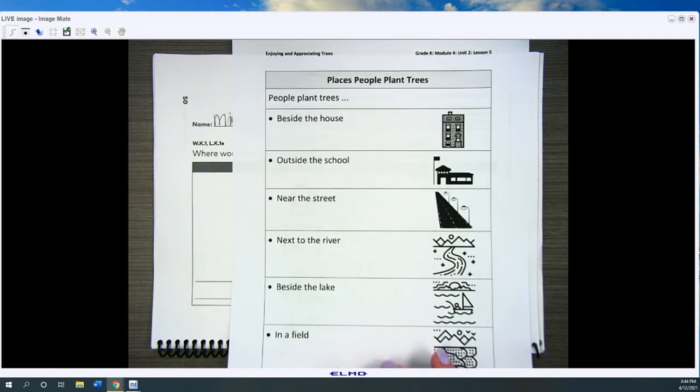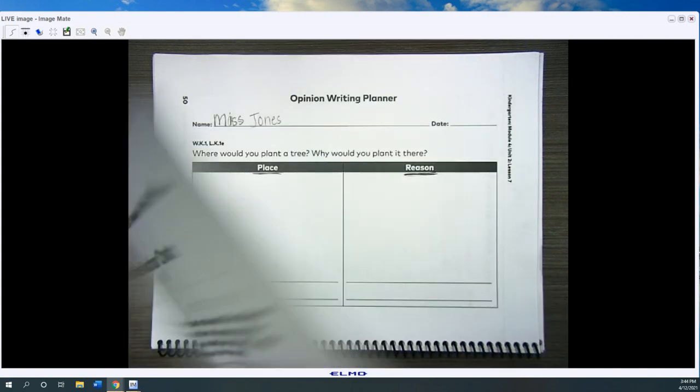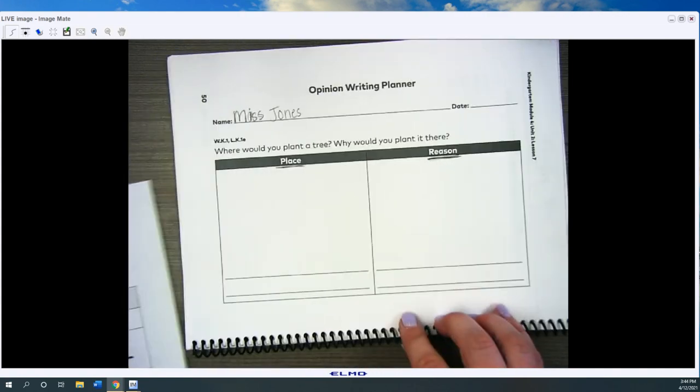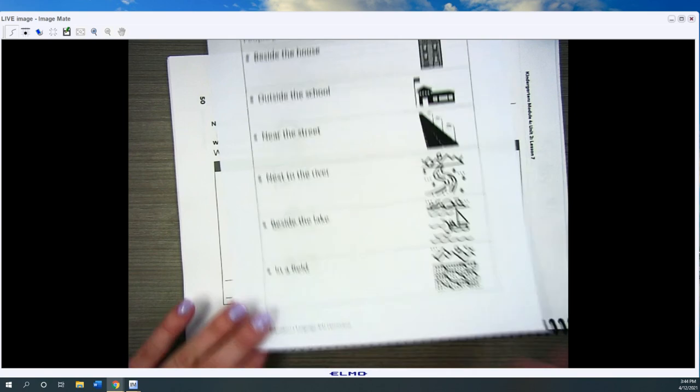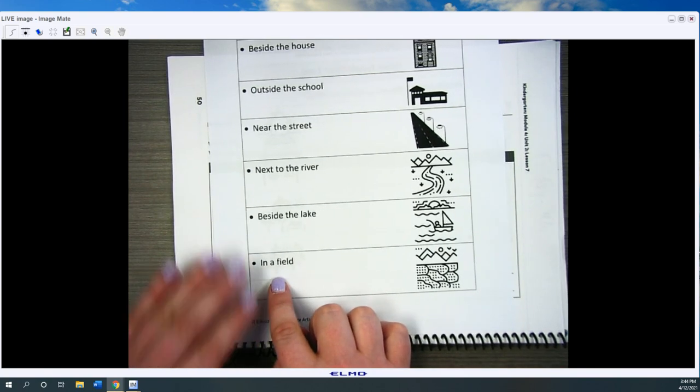So I'm going to pick a place people plant trees from this anchor chart, and I am going to go ahead and pick in a field.